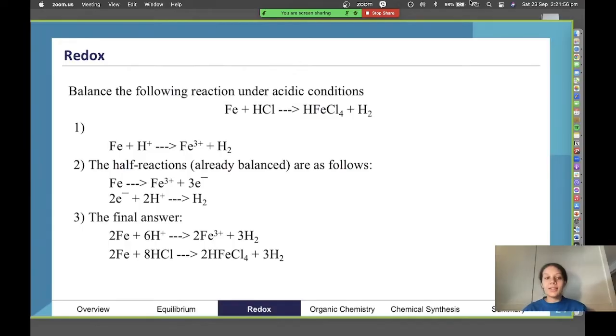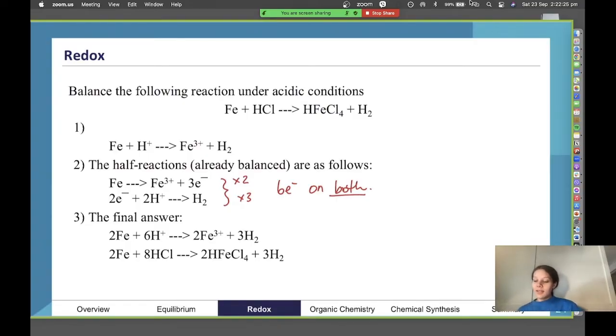and 3e-, and then for our hydrogens, we had the H+ and the HCl turning into H2 on the right-hand side. So we balance those out with our electrons, and then we can incorporate them into our final answer. So we have 2 Fe ions and 6H+ once we've multiplied them both, this one multiplied by 2, that one multiplied by 3, so we get 6e- on both.